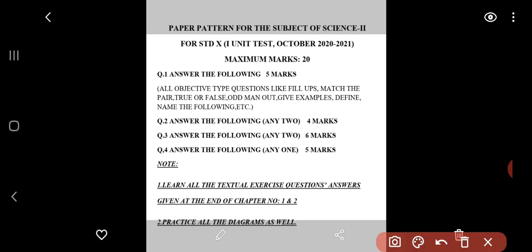Then if we come to question number 2, it's "answer the following, any 2", which means there would be 3 questions and out of those 3 you are supposed to answer any 2, each carrying 2 marks. Now understand here, students, "answer the following" means the question can be of any type.